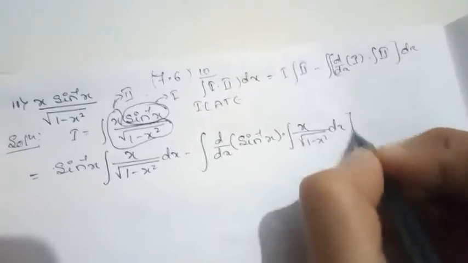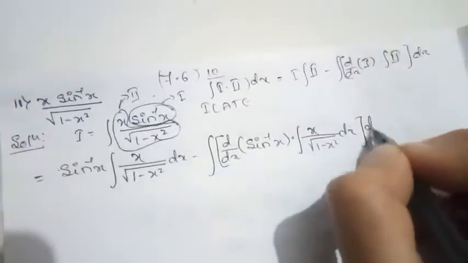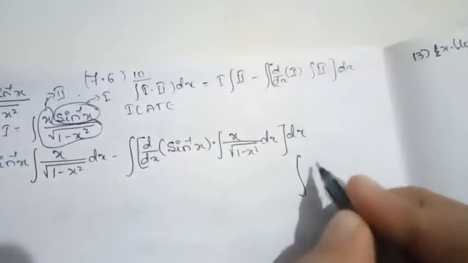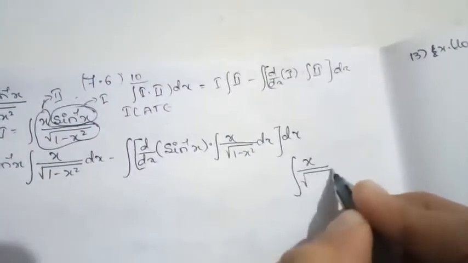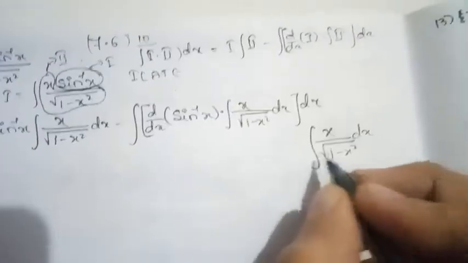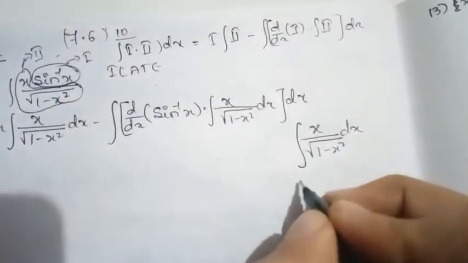So this is what the formula is saying. We should know the integration of this function, so I will do it on the side: integration of x divided by square root of 1 minus x square dx. Clearly we can deal with this by the substitution method.